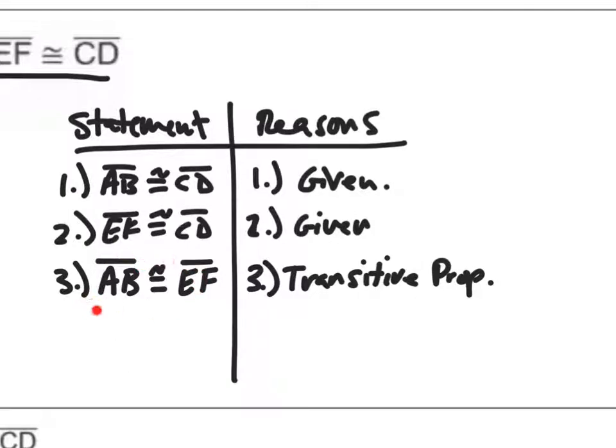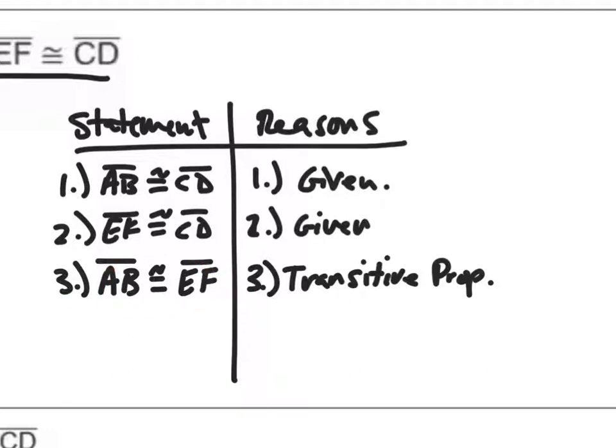We have to conclude that. I knew it because it was given, but it's all about the process. Well, this step wasn't given to us. AB is congruent to EF is not under the given category. This is what we need to conclude.